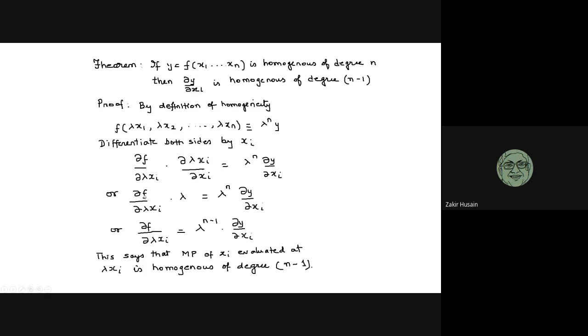So what you have is del f by del lambda xi into lambda is equal to lambda to the power of n into marginal product. If you take the lambda over here, this is n minus 1. Now, this is simply the marginal product evaluated at a certain value x. This is the marginal product evaluated when we increase xi to lambda xi.